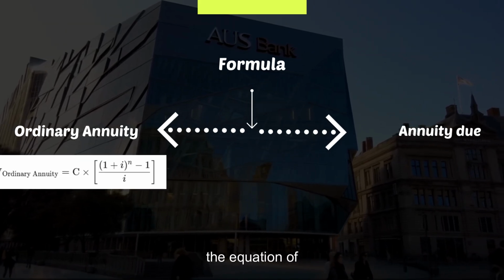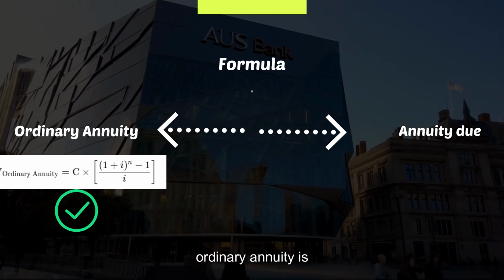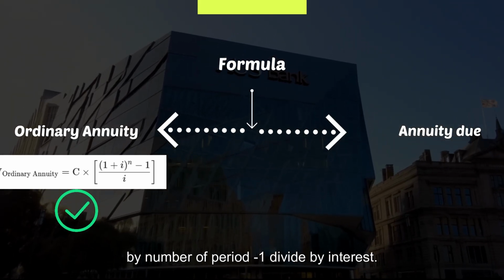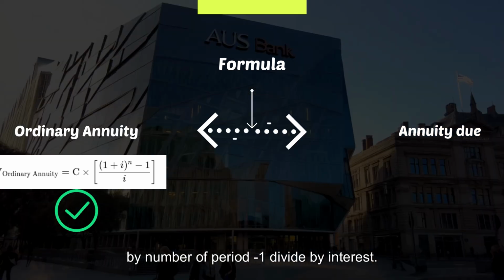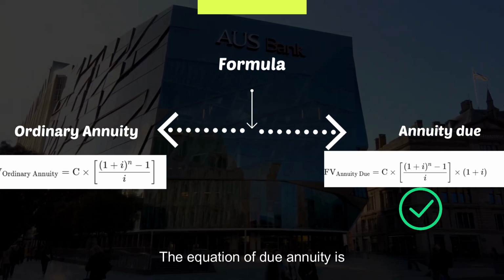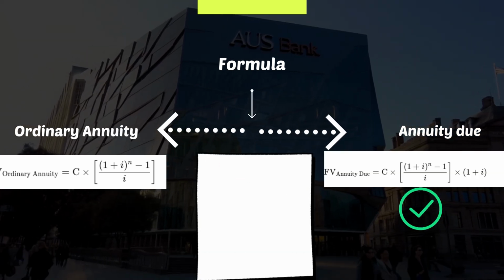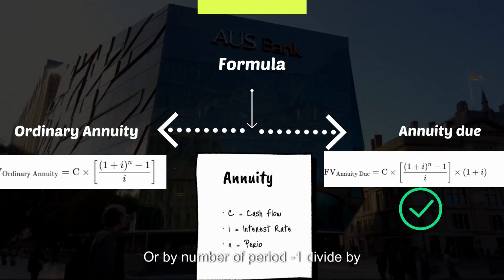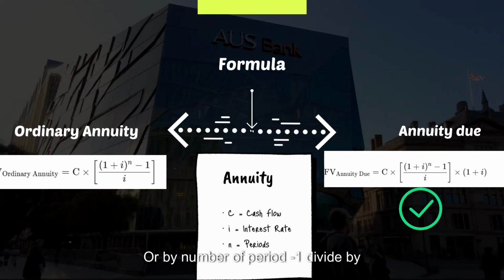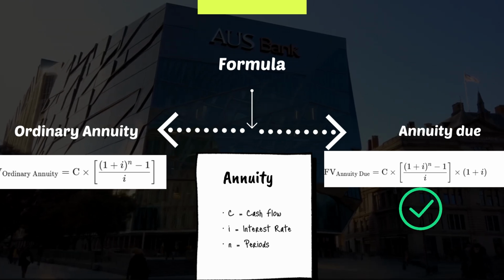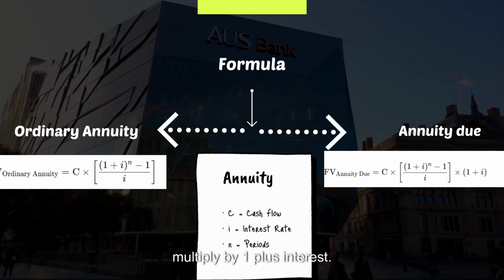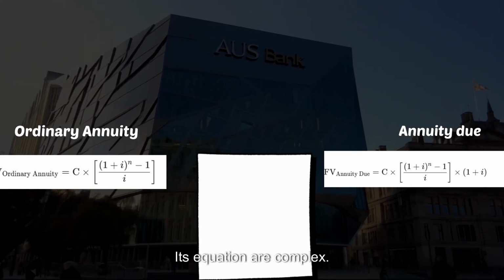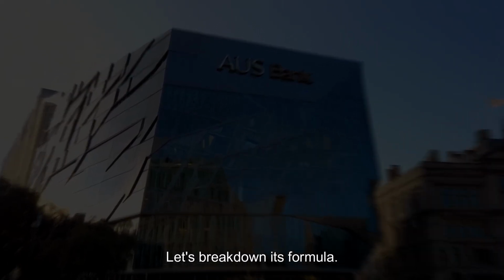The equation of an ordinary annuity is cash flow multiplied by (1 plus interest) to the power of the number of periods, minus 1, divided by interest. The equation of an annuity due is cash flow multiplied by (1 plus interest) to the power of the number of periods, minus 1, divided by interest, multiplied by (1 plus interest). These equations are complex. Let's break down the formula.